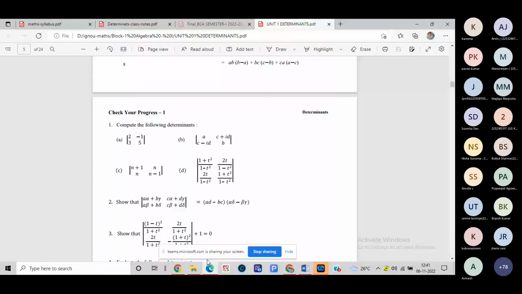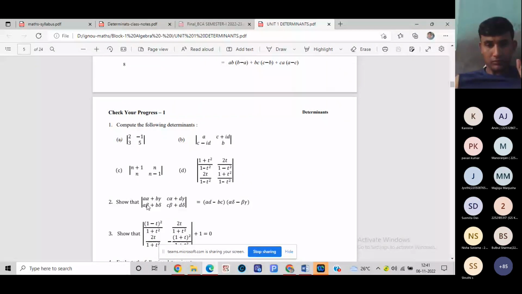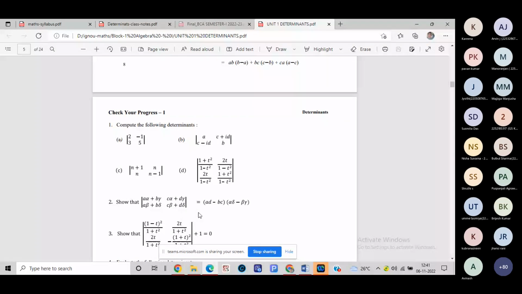So, ma'am, once again that one. First you should get 4 terms, right? A alpha plus B gamma into C beta plus D delta. You should write that in one flower bracket. Minus, you keep minus, open your flower bracket, keep these terms: C alpha plus D gamma, close the parenthesis, A beta plus B delta, close the parenthesis, close the flower bracket.